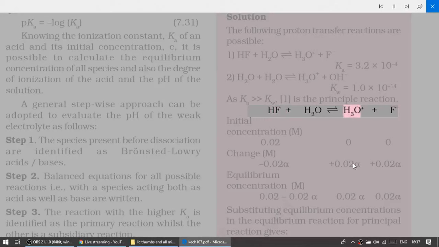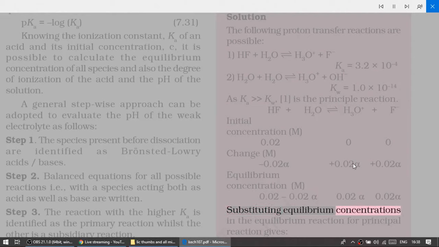HF + H2O ⇌ H3O+ + F−. Initial concentration, M: 0.02, 0, 0. Change, M: −0.02α, +0.02α, +0.02α. Equilibrium concentration, M: 0.02 − 0.02α, 0.02α, 0.02α.